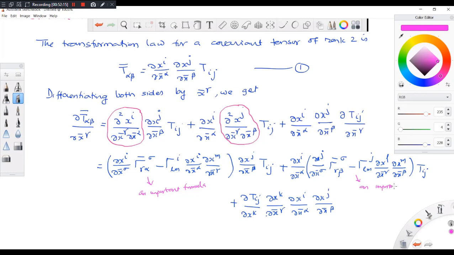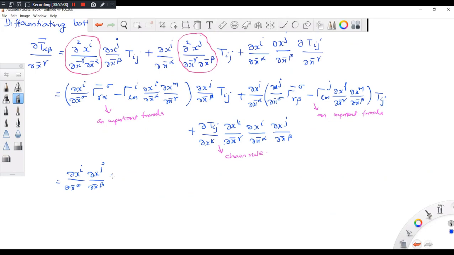Now expand it. So this is equal to del xi by del x bar sigma, del xj by del x bar beta, into tij, gamma bar sigma gamma alpha. Okay, the first one gamma alpha.